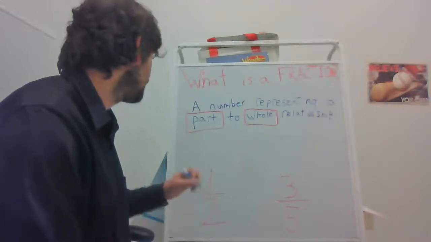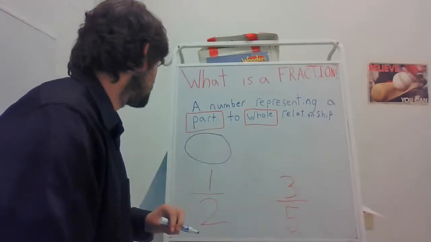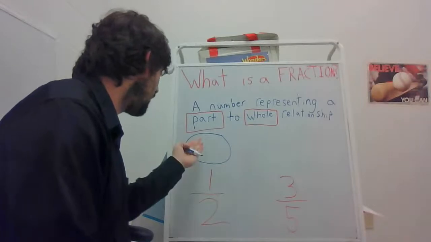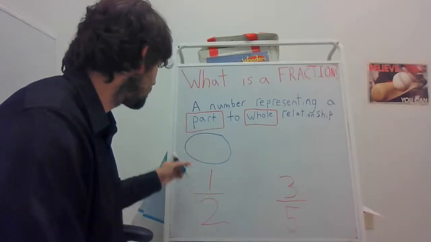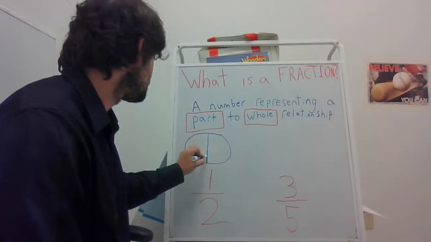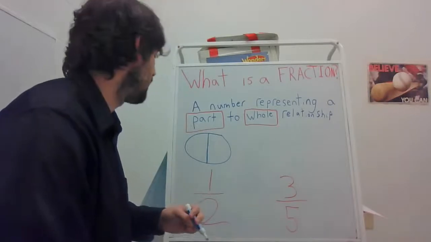So for 1/2, I'm going to draw a shape that is divided into two parts because I have two total parts. And I am going to shade one of those two parts.